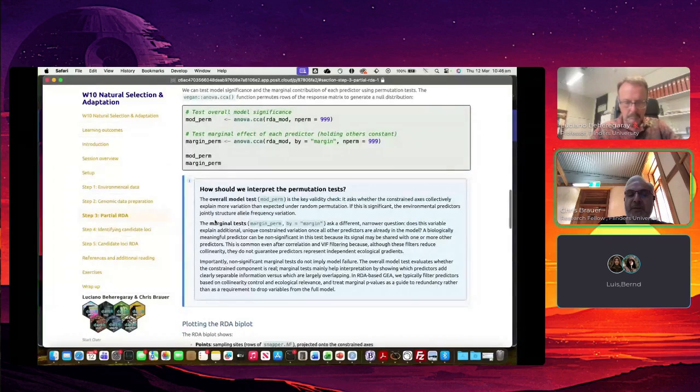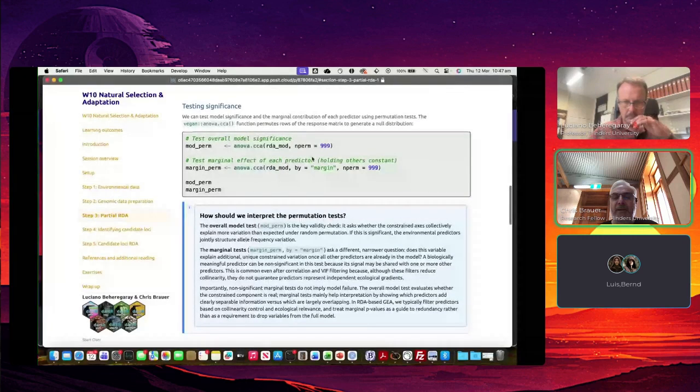And I've just got a little box there about interpreting that, because especially the marginal tests by predictor, it's not necessarily all that intuitive. You'll get a p-value for this, and only one or two of your predictors might be significant.